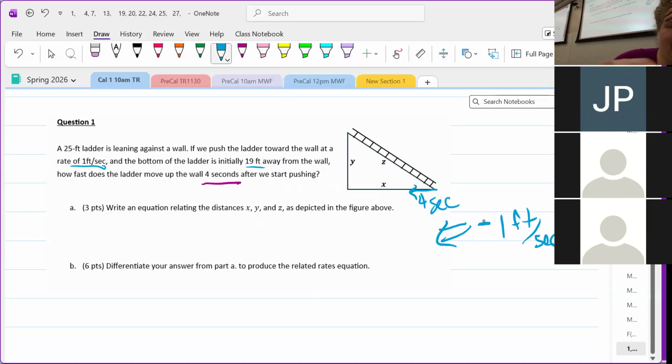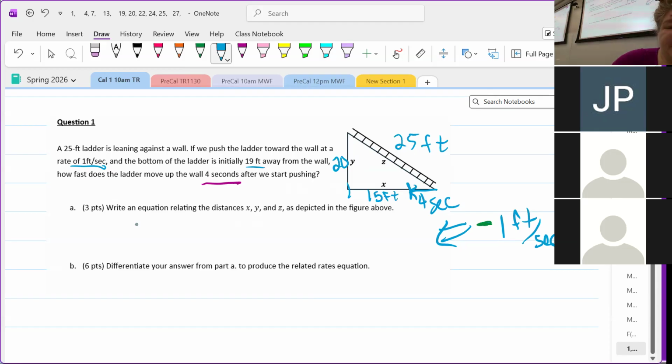So it's actually negative. So after 4 seconds, my 19 feet becomes 15 feet. And if I use Pythagorean theorem, the y value in the snapshot would be 20 feet. 15, 20, 25 is a Pythagorean triple.